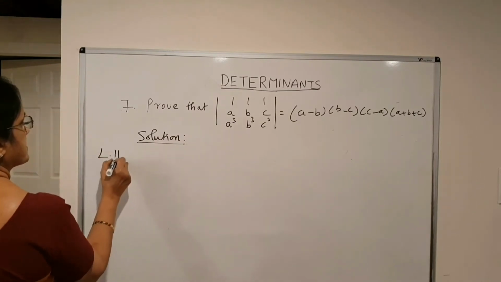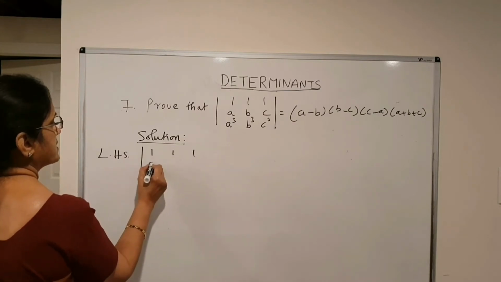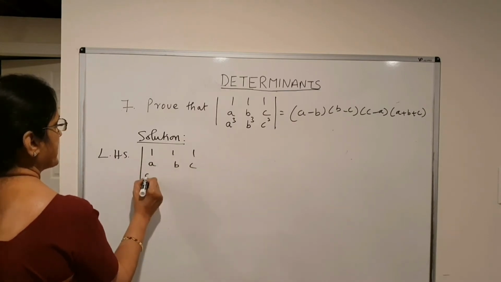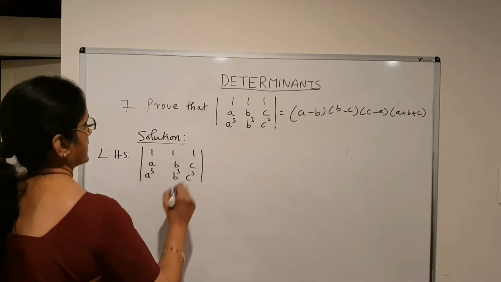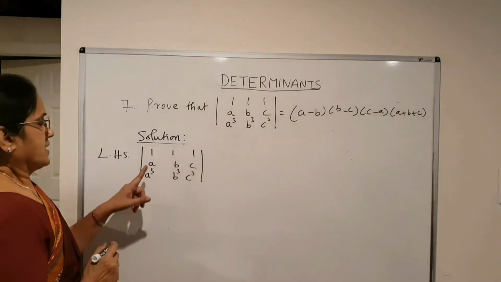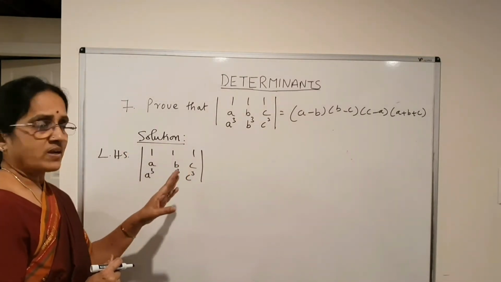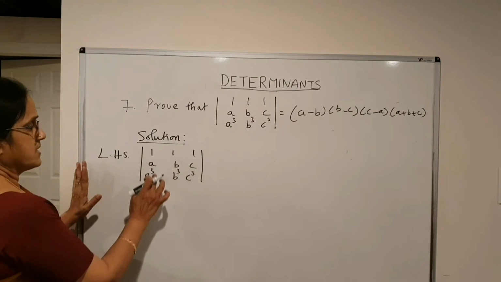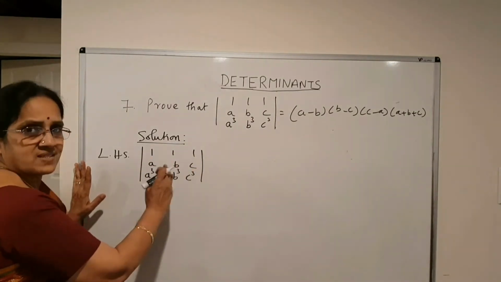First consider LHS. You will have the determinant 1, 1, 1, A, B, C, A cube, B cube, C cube. Now, it is easy for me to make two entries in R1 as 0. What can I do for that? I can write C1 as C1 minus C2 and C2 as C2 minus C3.